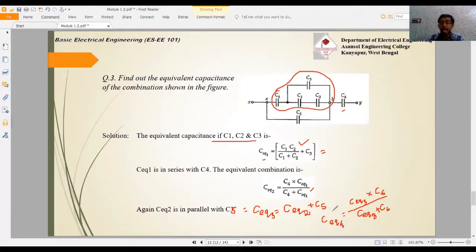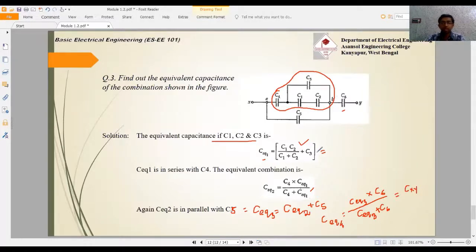So this will be the ultimate value of the equivalent capacitance. We can write it like, since it is across the XY point, so it is C across XY.